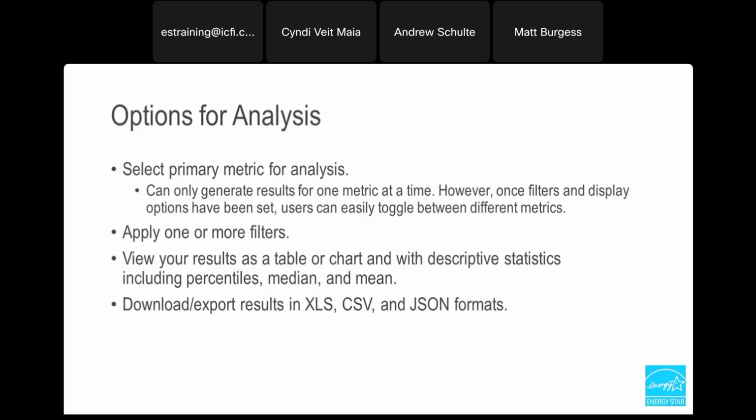After you select your metric, you'll apply filters. You'll choose whether you want to see your results as a table or chart. And then should you desire this, you can download and export the results of the analysis that you're seeing on your screen in Excel spreadsheet format, XLS or CSV, as well as JSON formatting.